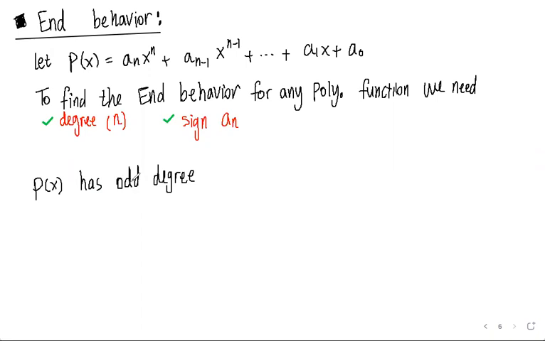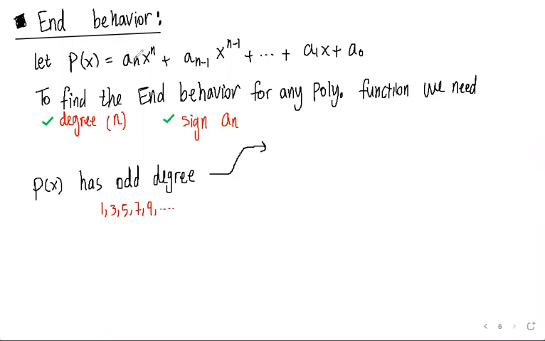The odd numbers are like 1, 3, 5, 7, 9, all of these are odd numbers. So suppose my b of x has odd degree, like the highest exponent is an odd number, 3, 5, 7, 9. Now we have to check two things.